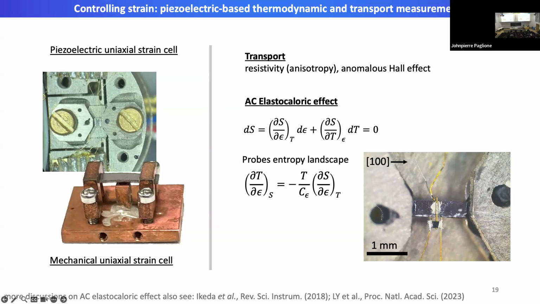the sample. Right? If we design this experiment properly, we'll be able to achieve a quasi-adiabatic condition, and this caloric measurement will allow us to measure the entropy of the system, and more precisely, the strain derivative of the entropy of the system.